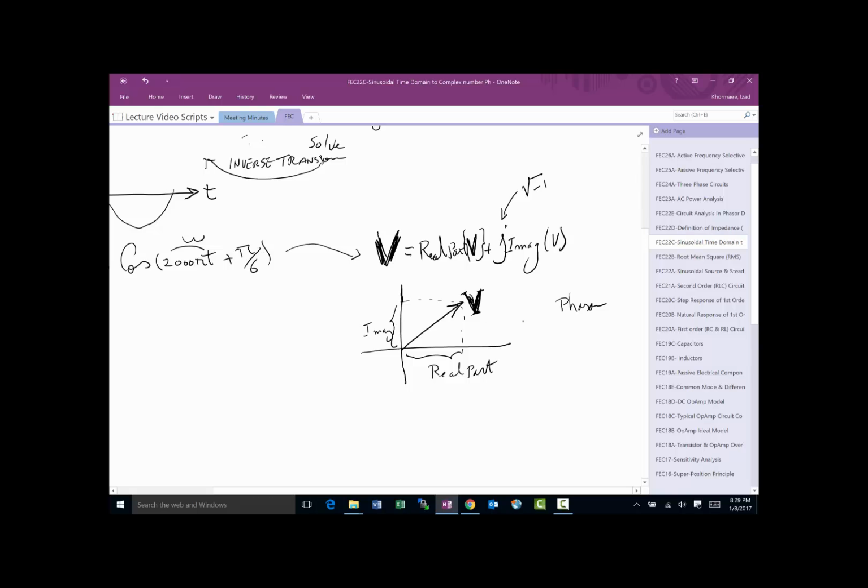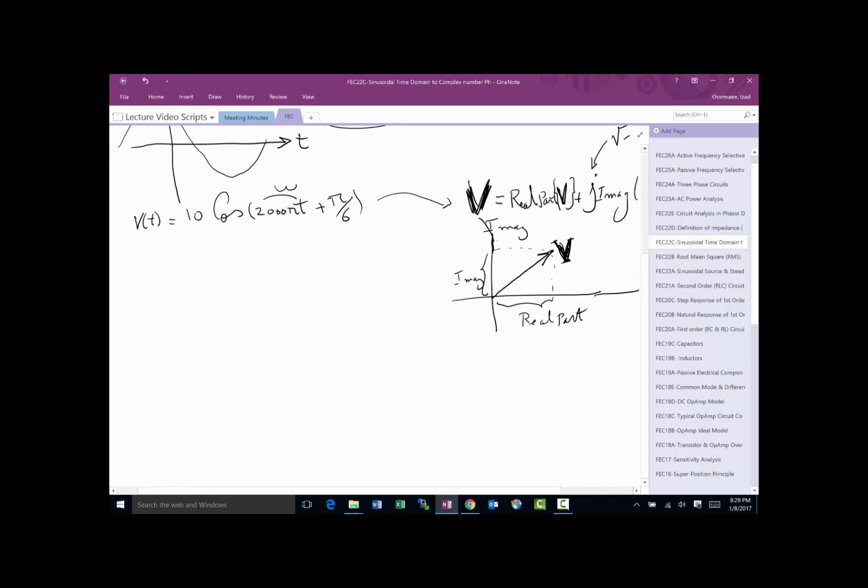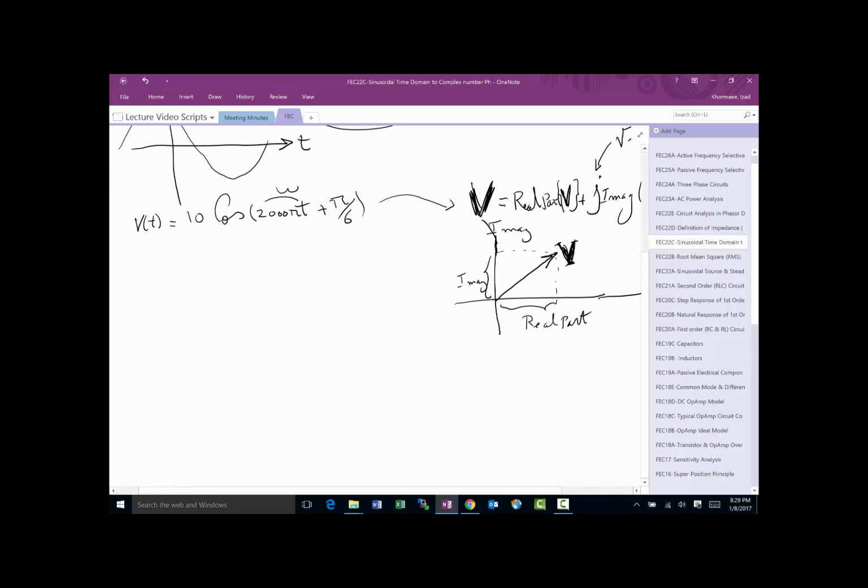So the vertical axis is the imaginary axis, and the horizontal axis is the real axis. The conversion between these two is really driven by an identity from Euler, who was a mathematician and scientist in general from earlier days.